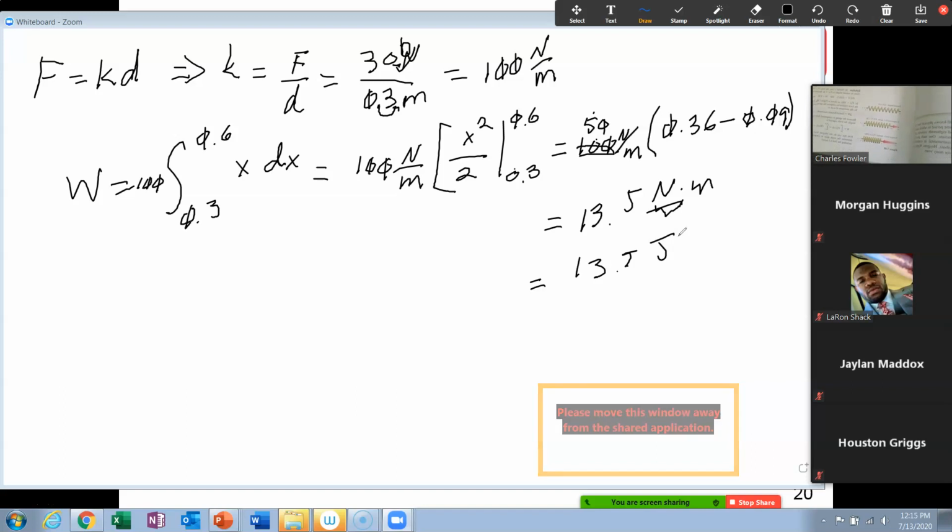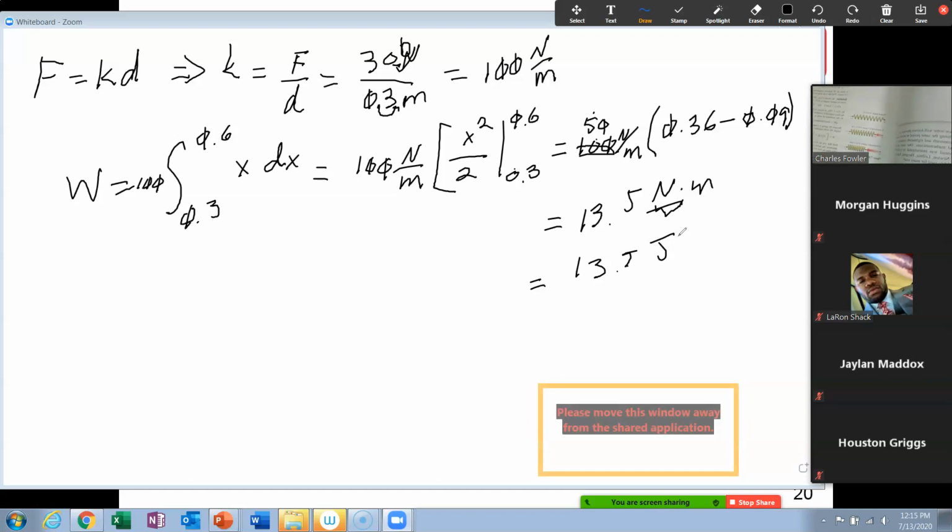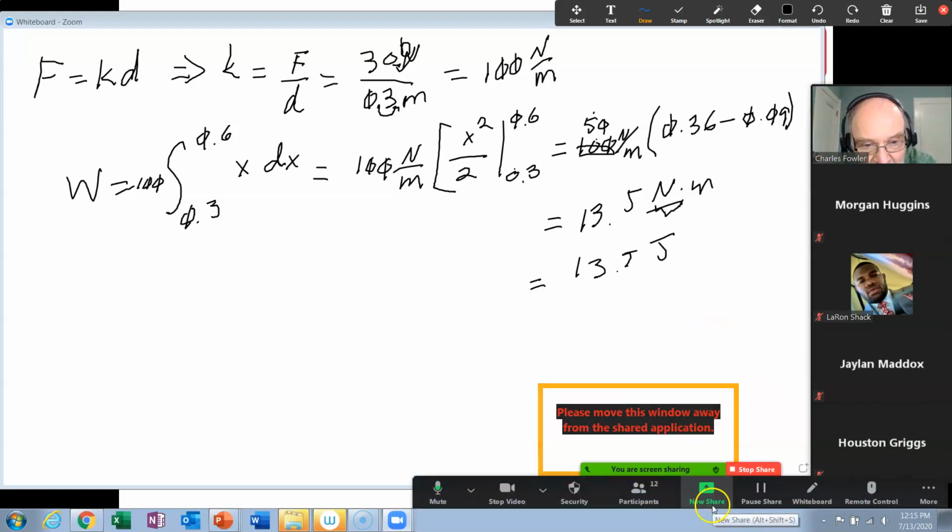To get the spring constant, we compressed it a little way to find out what the spring constant is, and then the question is, to go from that middle one to the last one, what would be the additional work required, and that's what we just calculated. Any questions before I close the white page?